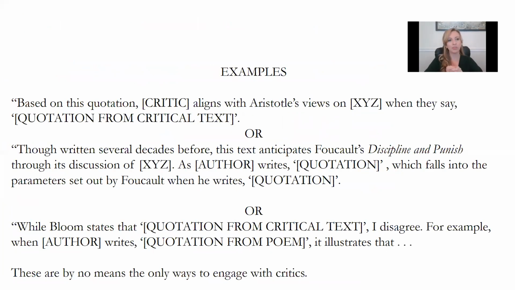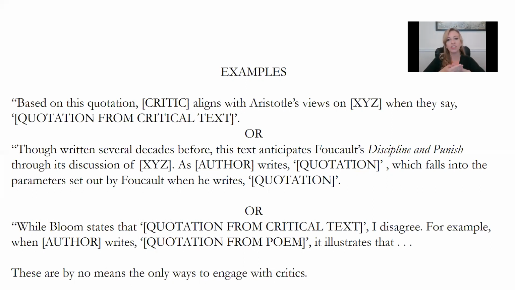So then, some examples of how to integrate critics well. You can pause this here and read this, but based on this quotation, where you put in quotation marks and properly cite, this critic aligns with Aristotle's views on whatever when they say this. So that's a very neat way of just segueing in, and you're showing sort of agreement. I've done my research.